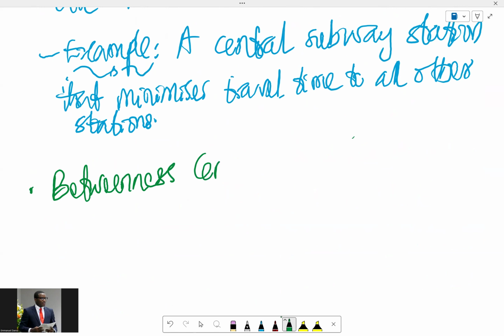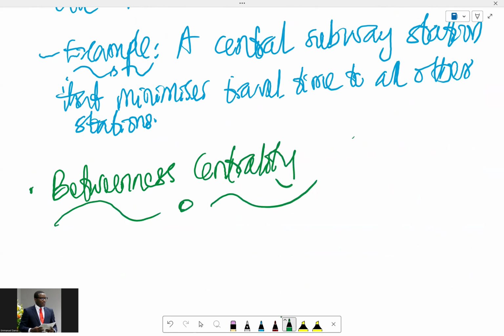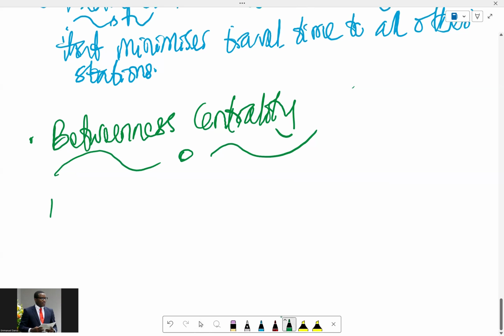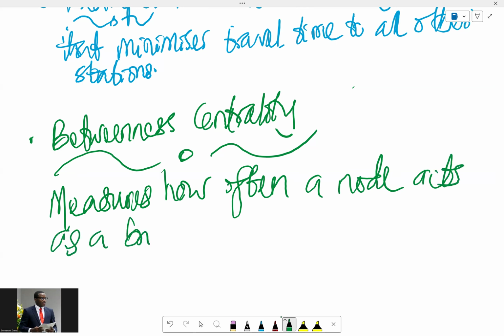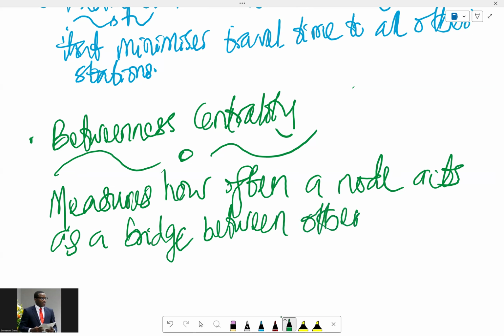Betweenness centrality measures how often a node acts as a bridge between other nodes.